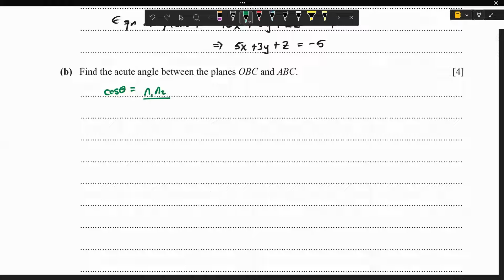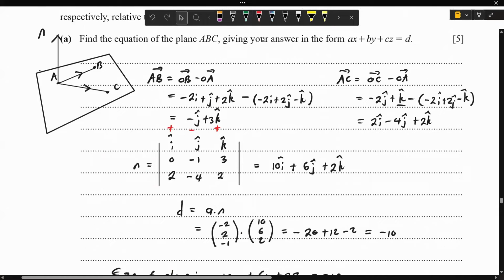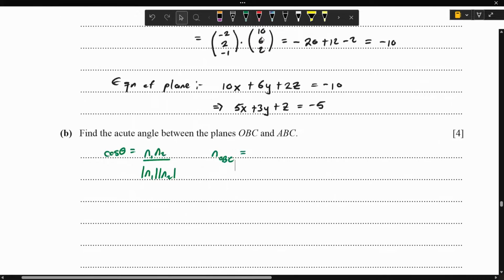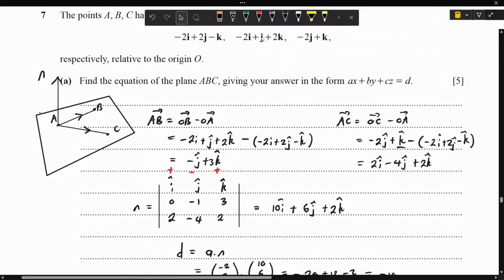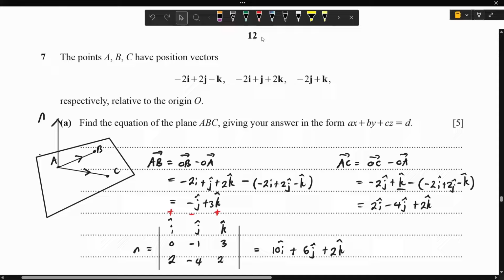The dot product of the normals over mod n1 times mod n2, all right? So we'll need to find n for OBC, the normal to the plane OBC. Now, the plane OBC has vectors OB and OC on it. So we'll do vector product for OB and OC.